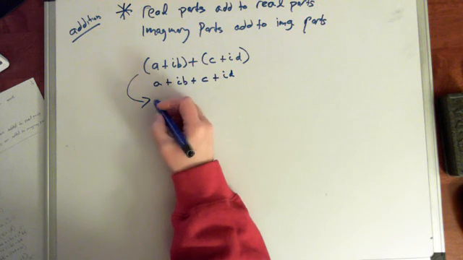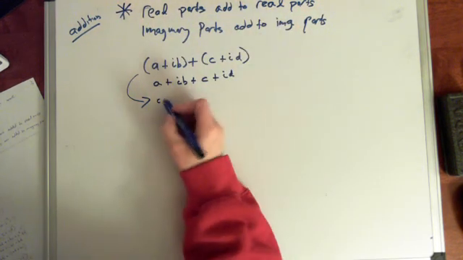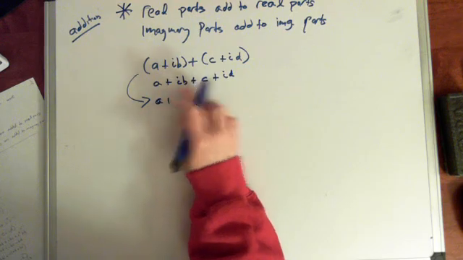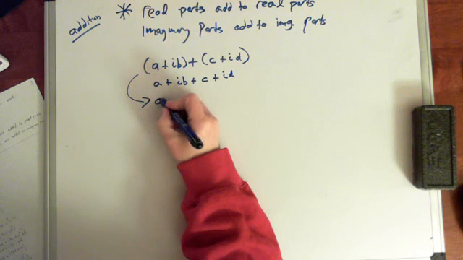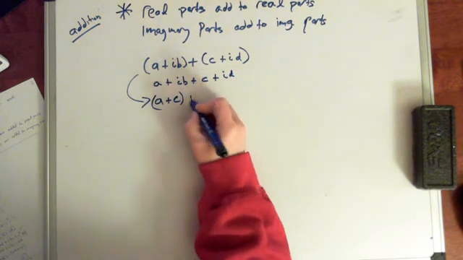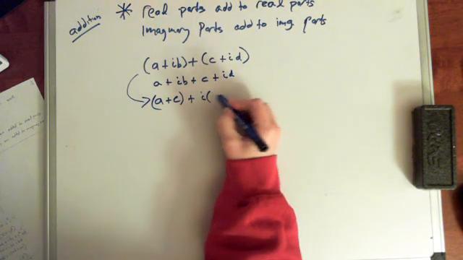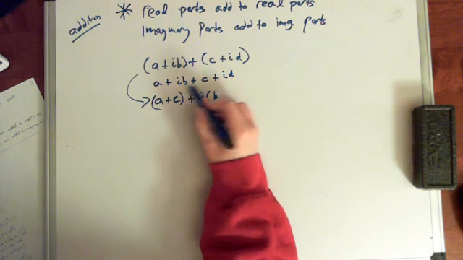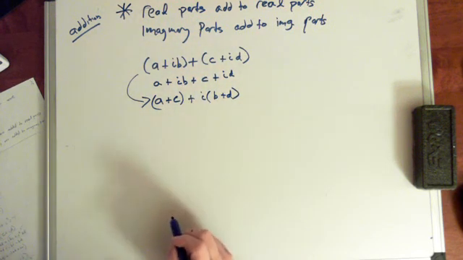This is equal to, I'm going to pull out my real parts because real parts add, so we've got a plus c, plus, I pull out my i, and I have b plus d. So that's addition.